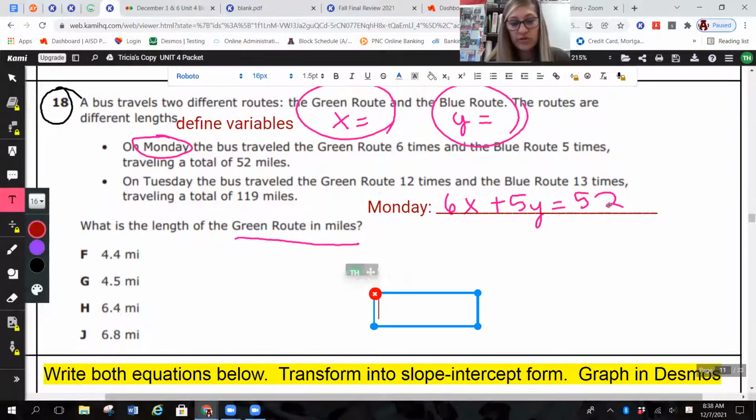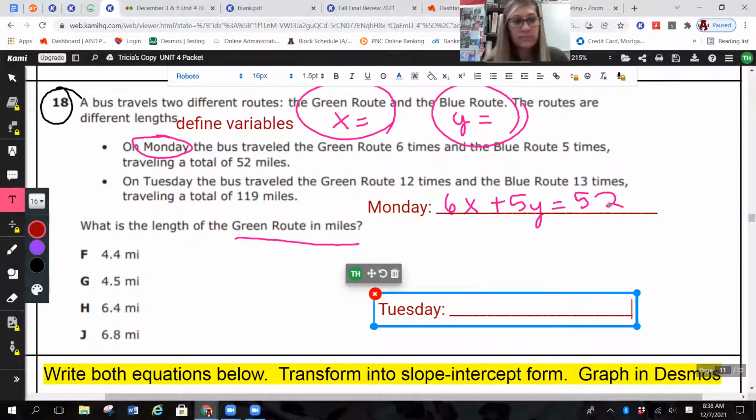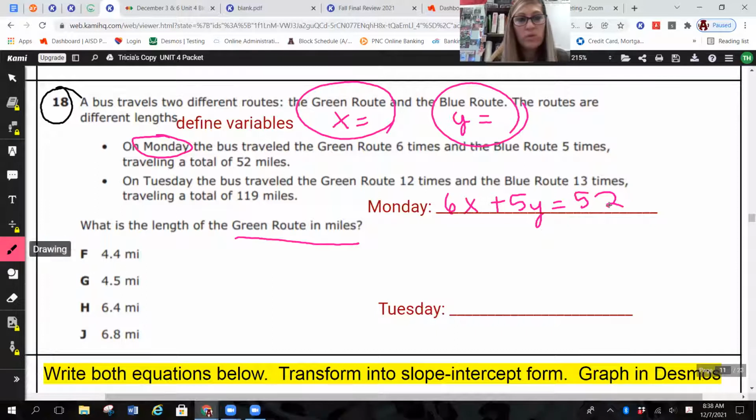Now let's write an equation for Tuesday. We have green route 12 times, 12x. Blue route 13 times, 13y, traveling 119 miles. Okay, what is the length of the green route?